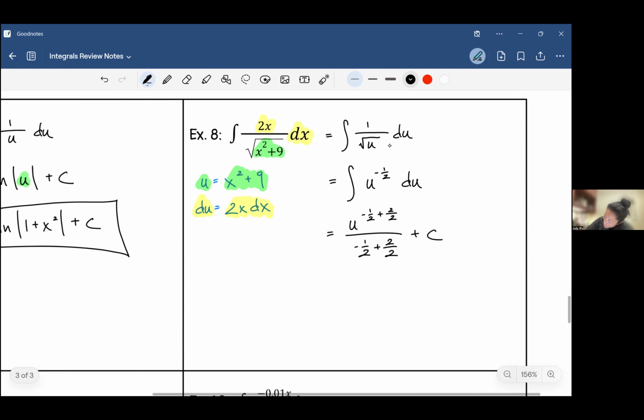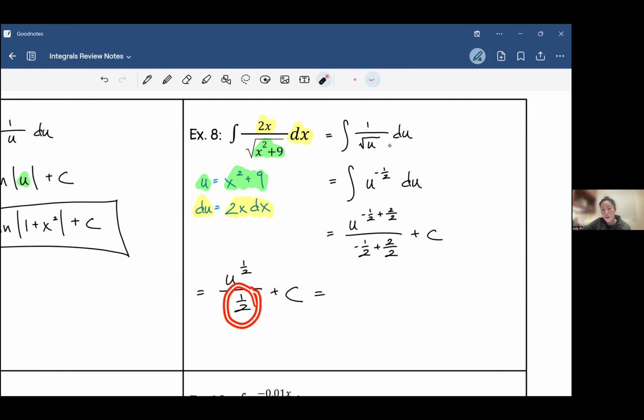I believe when we clean that up, that gives us u to the 1/2 over 1/2 plus c. We are dividing by 1/2. That is the same as multiplying by a reciprocal, which is 2. So I have 2 times the square root of u plus c.